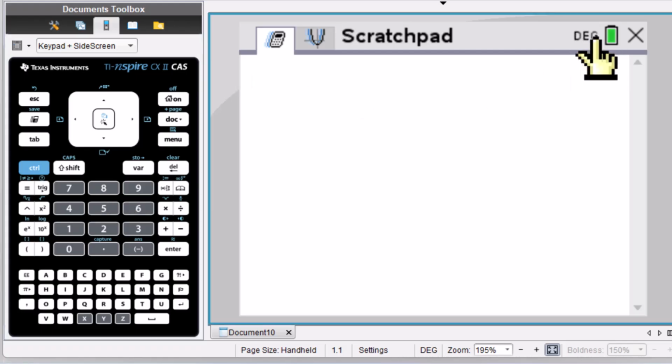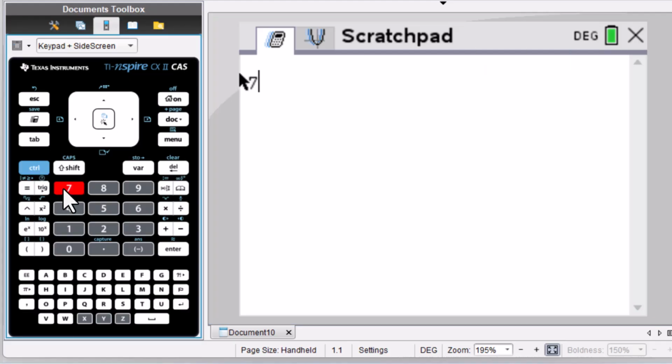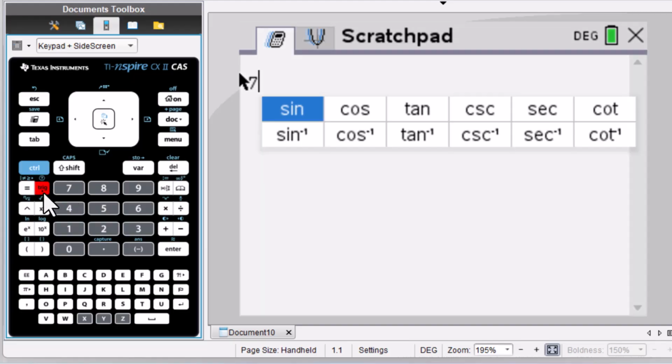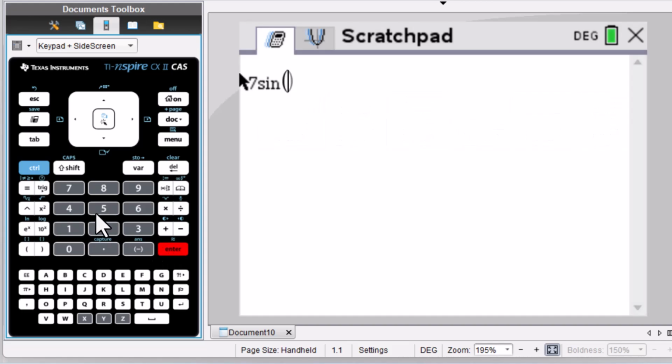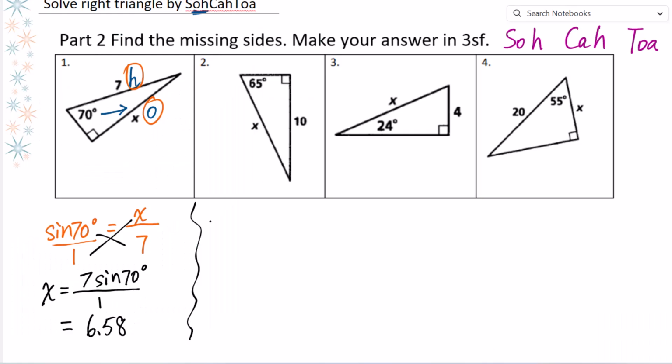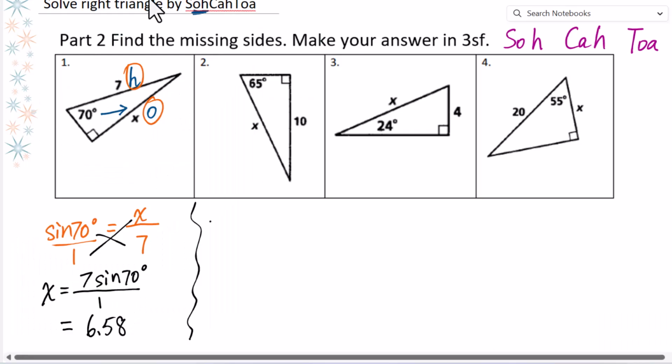Click here to get degree. 7 times trig sine 70. Enter. 6.58 is the answer. Let's go to question 2.